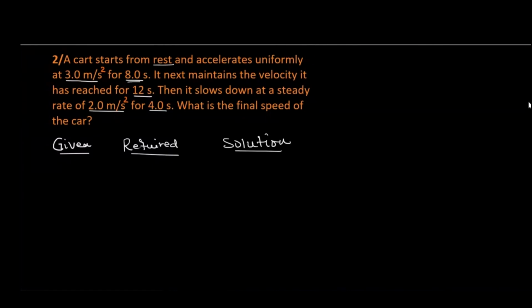Now you have to understand the situation first. This car was speeding up first. It reached some velocity v, then it continues with this v for some amount of time, which is the 12 seconds.